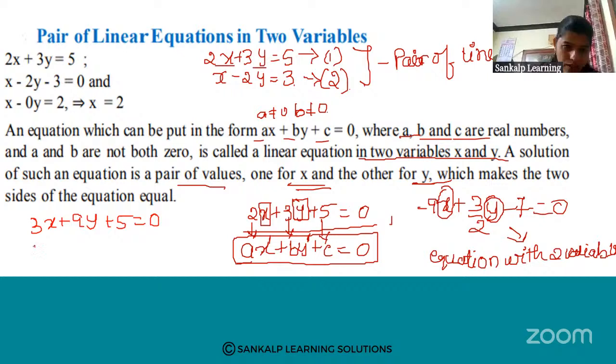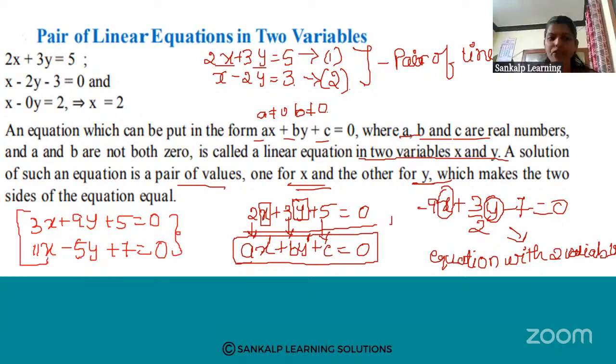Next, 11x minus 5y plus 7 is equal to 0. This is another equation. Here we are considering a pair of linear equations with two variables. Here, how many equations do we have? Two equations. And those equations have two variables, right? The equations with two variables. Therefore, this is called a pair of linear equations in two variables.